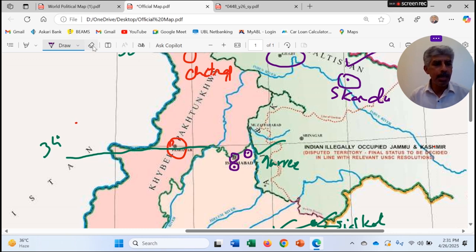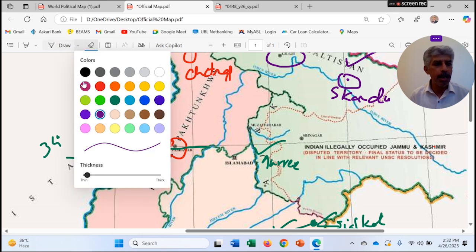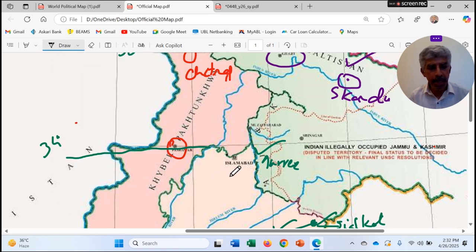And these days they are giving you a bit of a hint by drawing a line separating Islamabad from Punjab. In this particular map, you can't see any line of separation, but in the majority of maps now you will be able to see such a boundary separating the federal capital Islamabad from Punjab, and then you are asked to label this one.